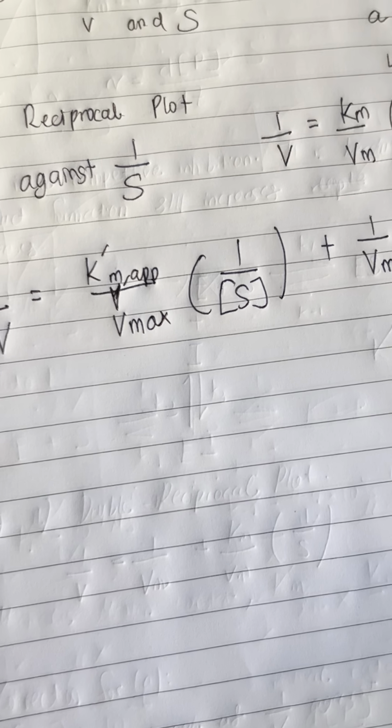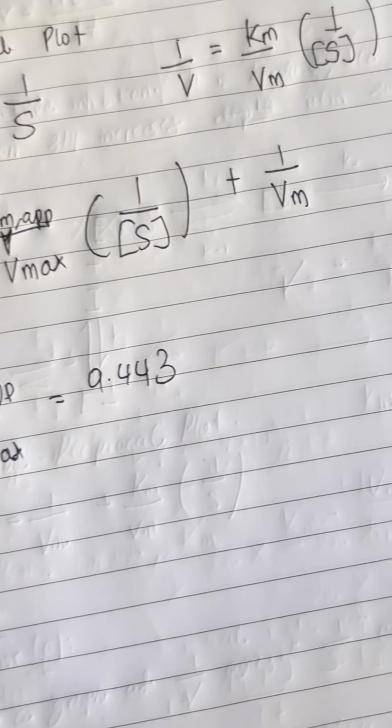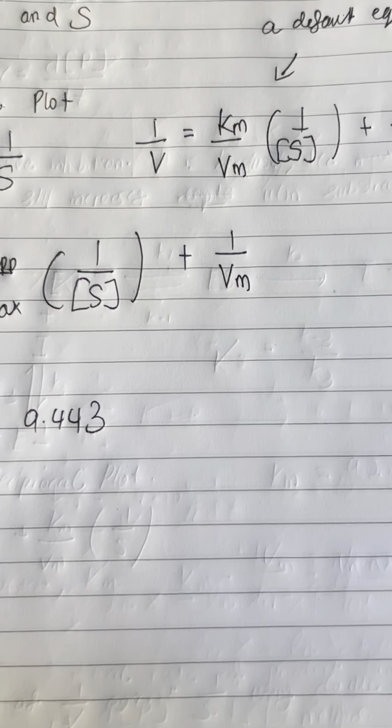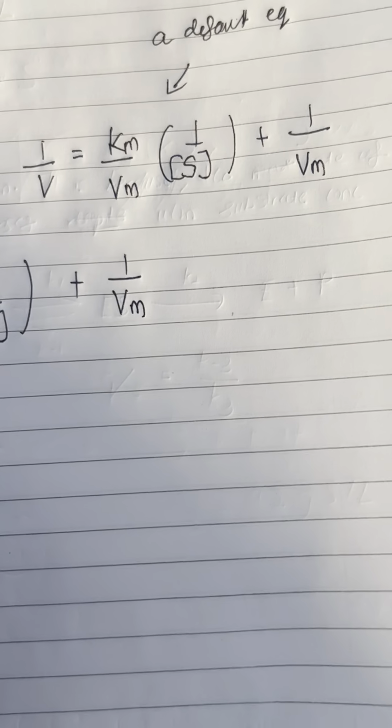So based on the gradient that has been found, Km apparent over V max is 9.443, okay? Alright, so how do we actually find the V max? So the V max here is based on this one, okay?